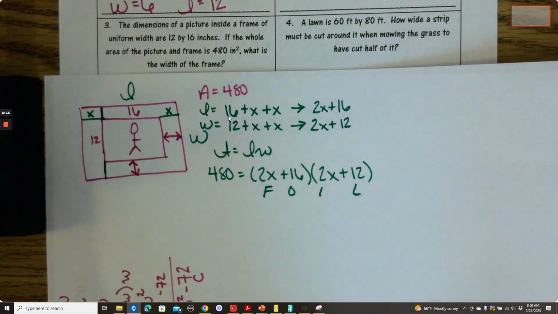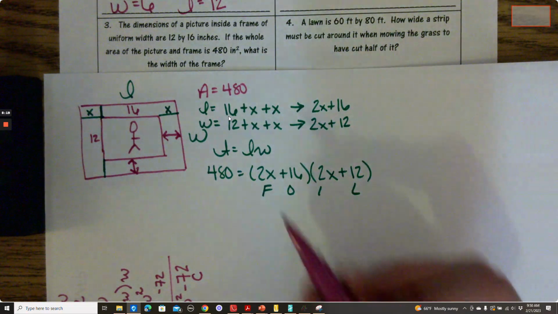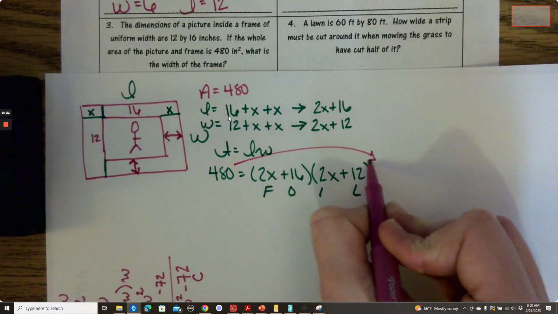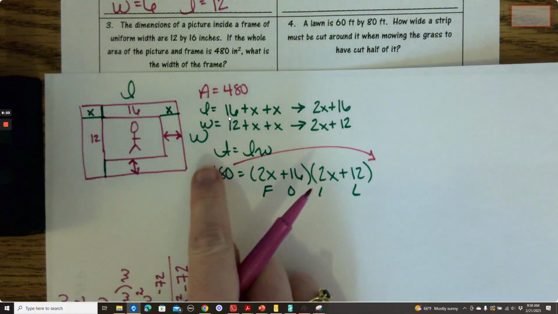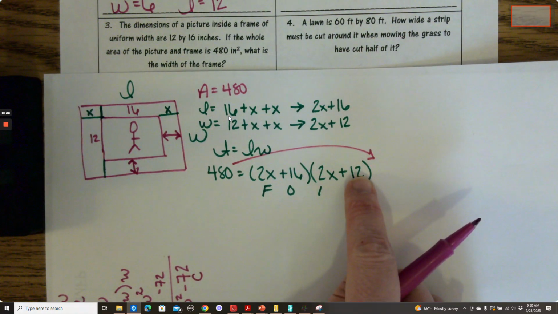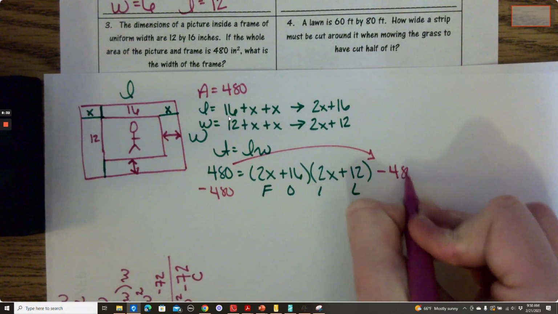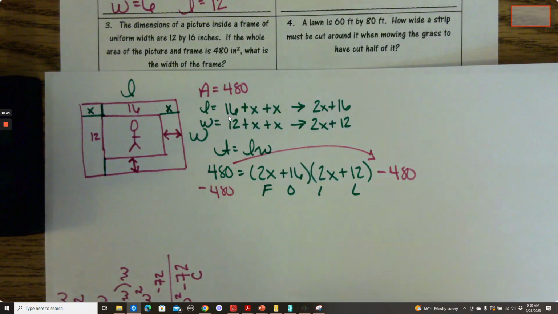I want to try something though. I just want to try. Let's see if this works. We know if we're going to graph it, we've got to get all the pieces over here. How would I get this piece over here? Subtract it, right? So here's what I want to try, because here's what's really cool about your calculator too.